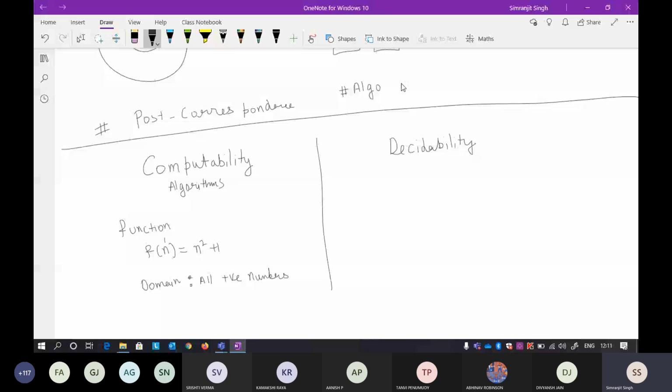If there is an algorithm, it means there is some halting Turing machine that will always halt in a particular amount of time. That time is always polynomial. Don't worry about it. That part I will tell you when I come to P and NP.